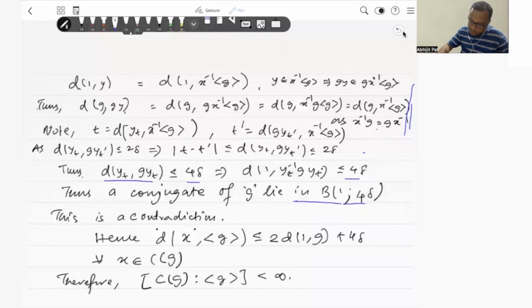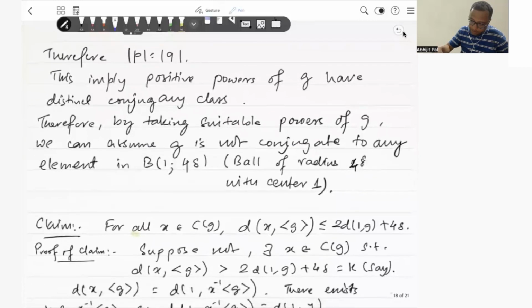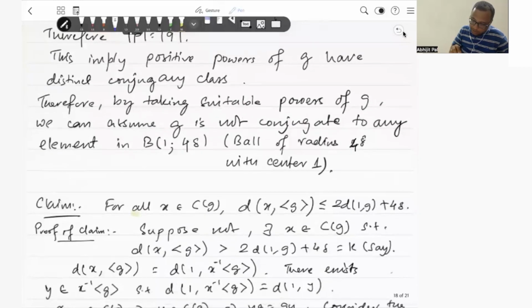So this is a contradiction, because we can assume that any conjugate of g does not belong to this ball.